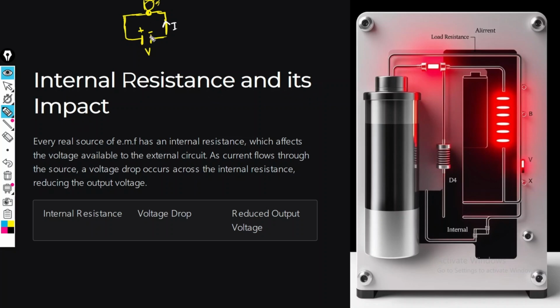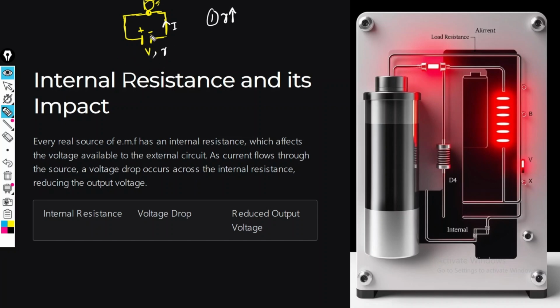Now the second point is its impact in the circuit. I'm going to represent the internal resistance as small r. If the internal resistance of the battery is high, then what will happen?